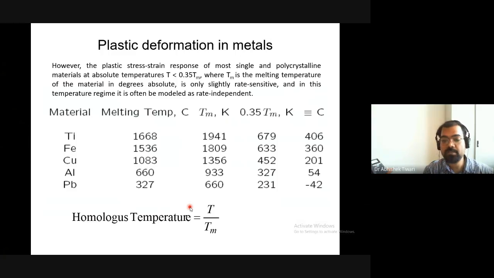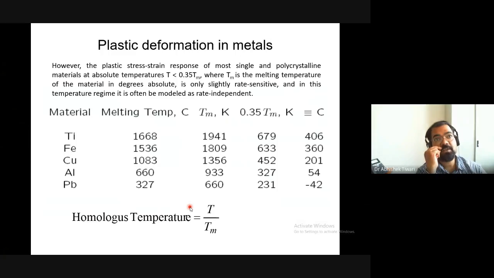They are getting more freedom, more amplitude to vibrate around their equilibrium positions, and so they have more possibility to move. Apart from that, with increasing temperature in polycrystalline material, if you have n number of dislocation slip systems which are valid at lower temperature, the number of slip systems might increase as you increase the temperature.